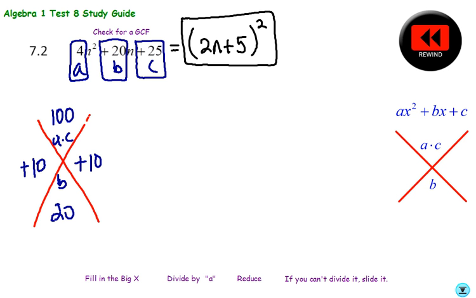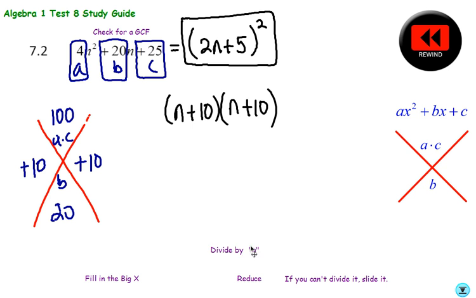So let's put those in parentheses. So I would have n plus 10 times n plus 10. And then we're going to divide by a, which in this case is equal to 4. So let's divide by 4.